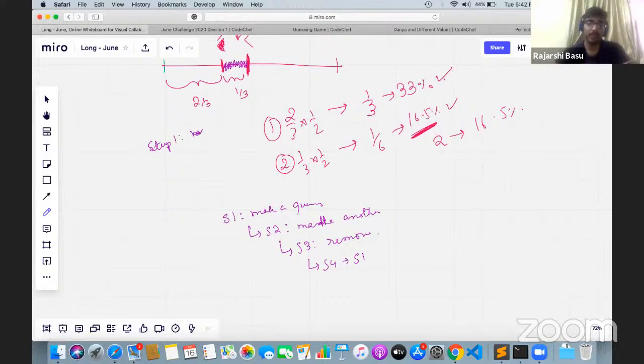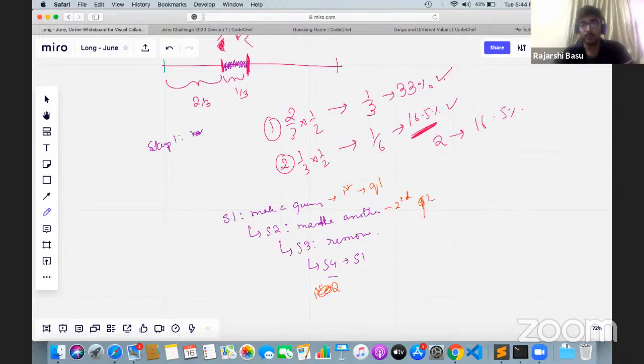Now what you do is, instead of step four returning to step one, you kind of make your first query. So this is, let's say, the first query. This is the second query. So this is Q1, this is Q2.